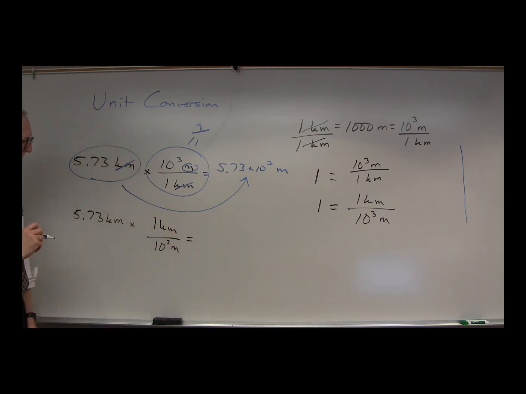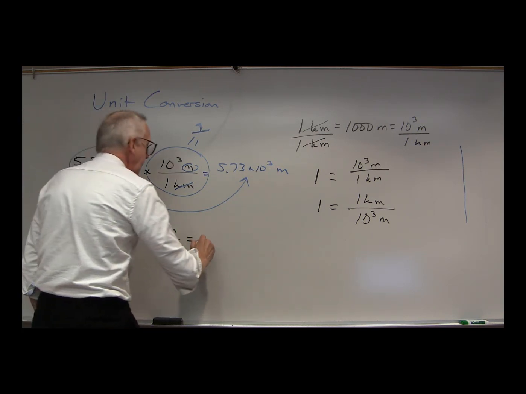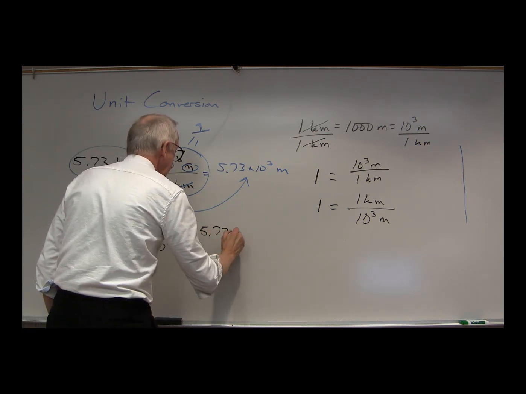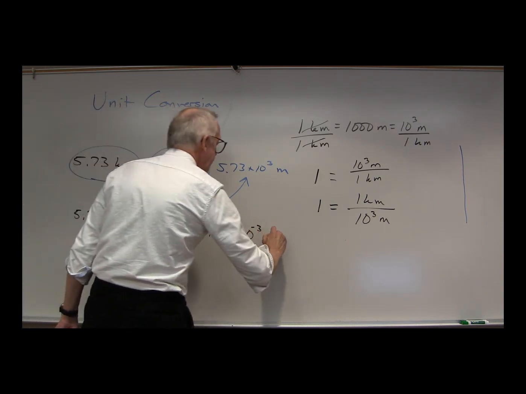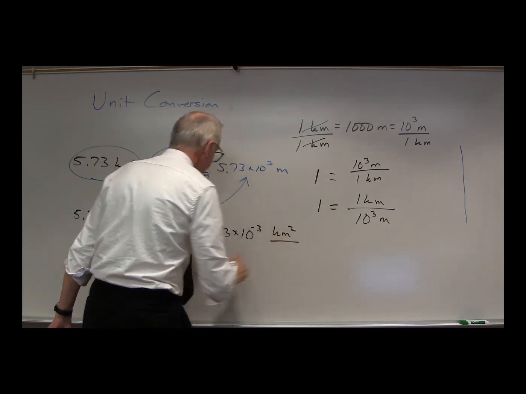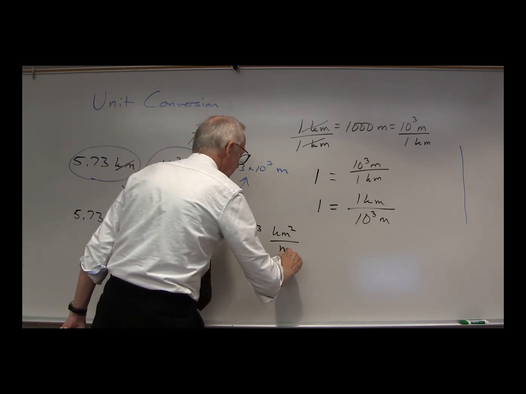What do we get in that case? Well, now the kilometers don't cancel out. They multiply. And we have to divide by 10 to the 3, so we get 5.73 times 10 to the negative 3 kilometers squared divided by meters.